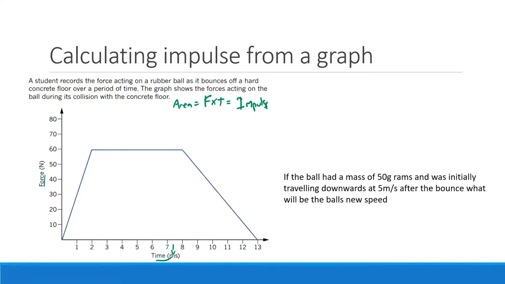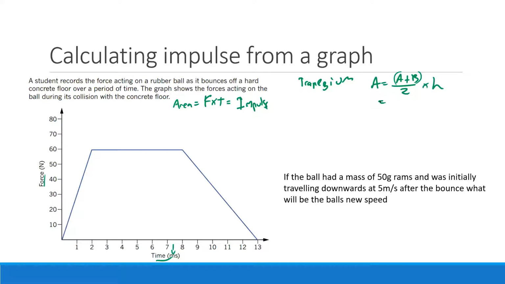The lazy one is this. We have to find the area on this graph. What kind of shape is this? This is a trapezium. To find the area under a trapezium, you have the formula area equals half, A plus B, all divided by 2, times the height.